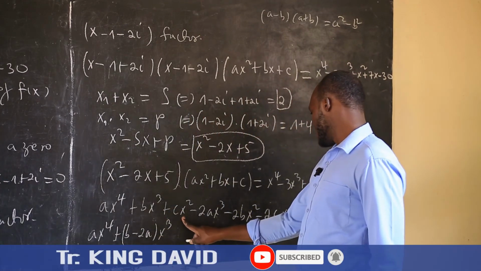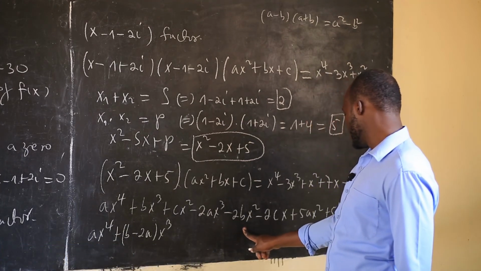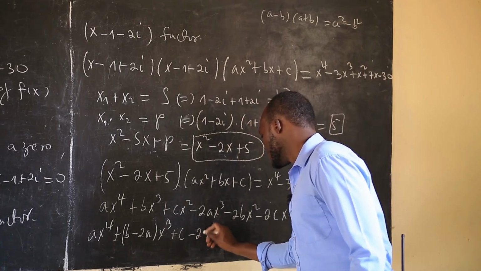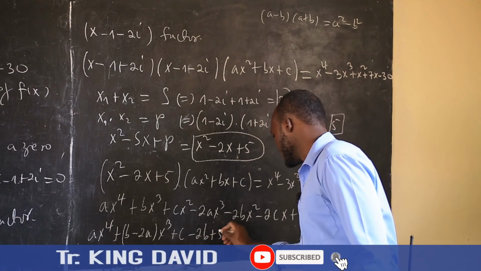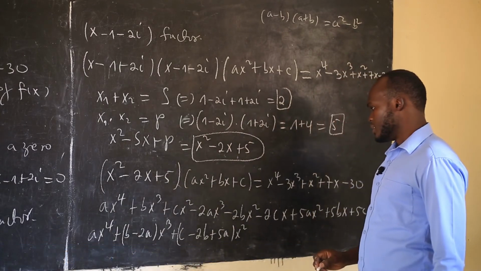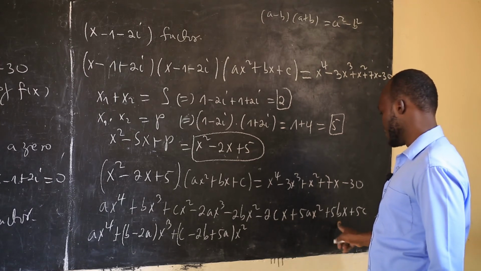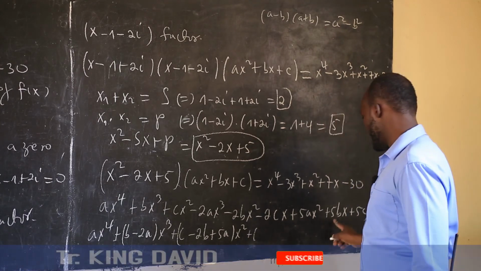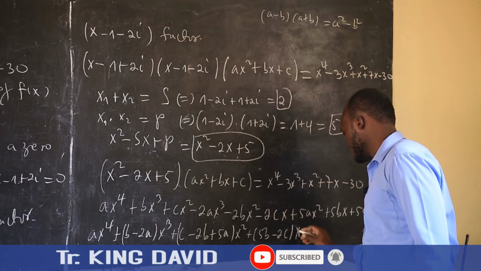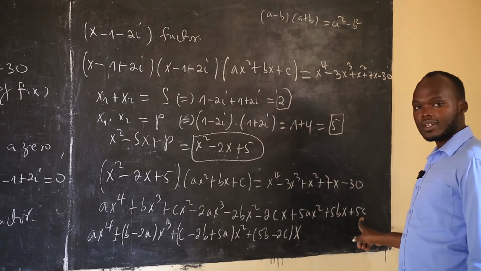Then for x squared, it is here, here, even here, so it will be c minus 2b plus 5a into bracket x squared. Then we go to x. We have x here, even here. It will be 5b minus 2c into bracket x. So we have a constant, 5c.